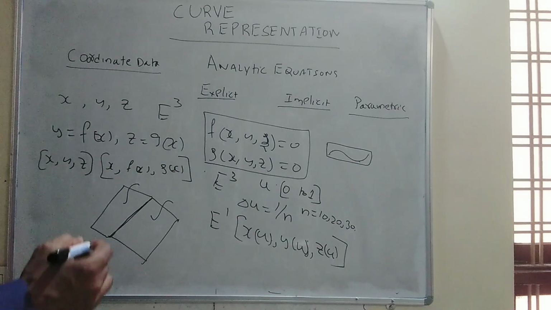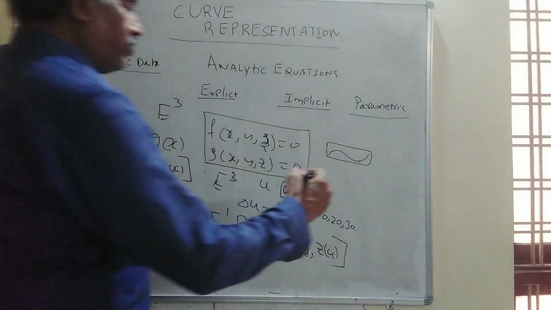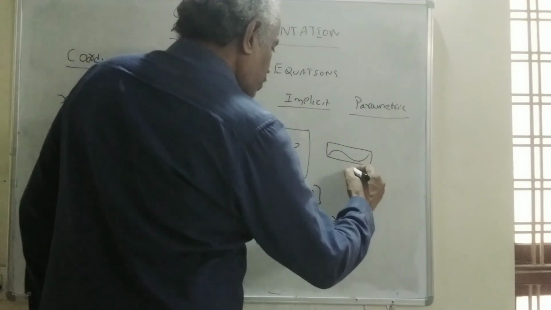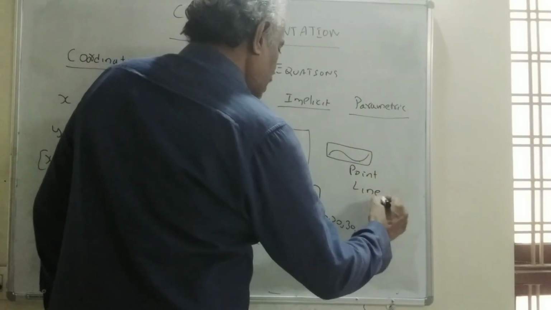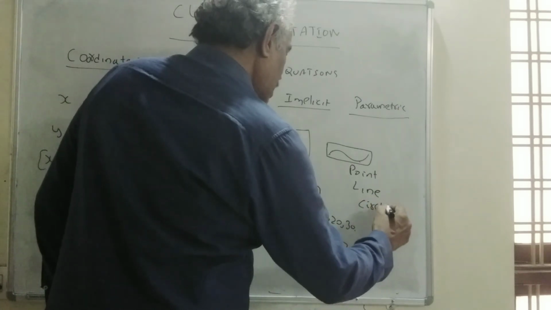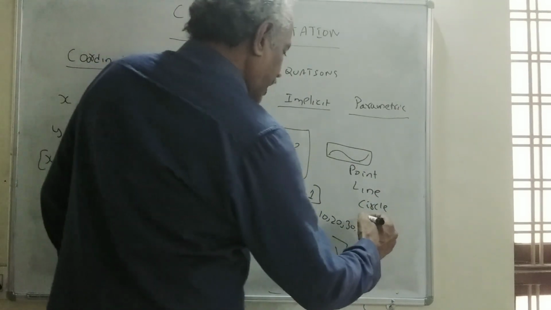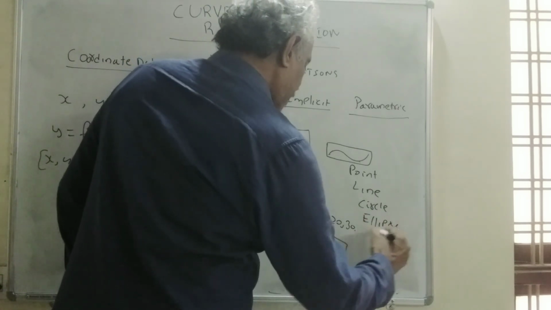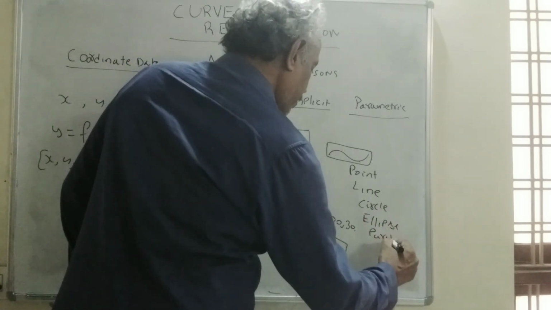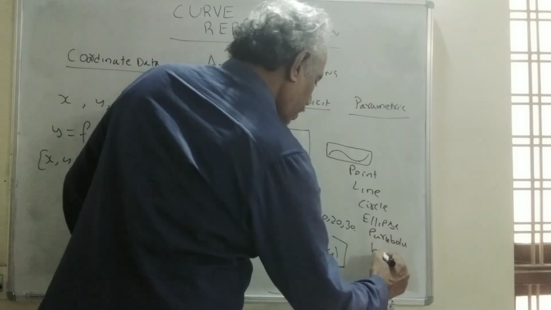The various curves that we will have are, the first one, point, the second one is line, circle, and conics like ellipse, parabola, hyperbola.